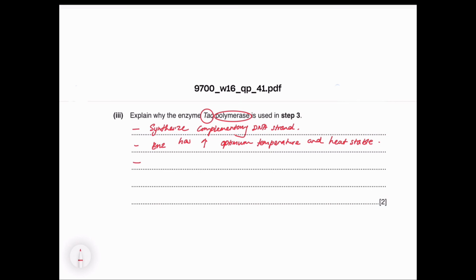So the enzyme does not denature easily. Therefore, it does not need to be replaced after every cycle.